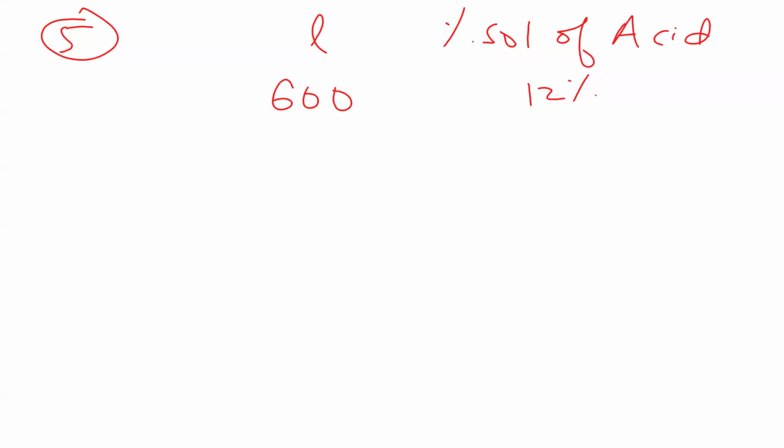So liters and percentage solution of acid in it. In 600 liters, how much percentage solution of acid is there? Read the first line and tell me. 12%. Correct. This is the meaning of the first line.